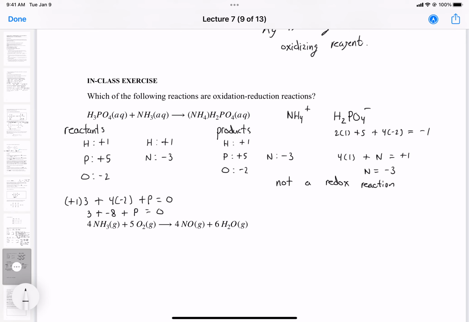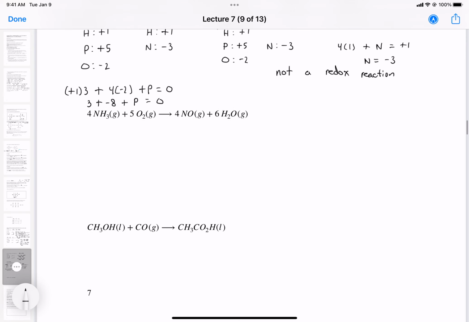Okay, now let's go on to the next one. All right, so we have ammonia reacting with oxygen to give us nitrogen oxide plus 6H2O. Let's do the same thing here.